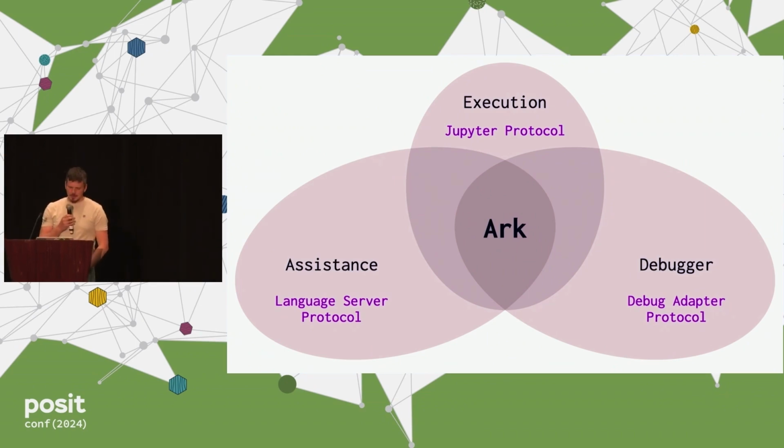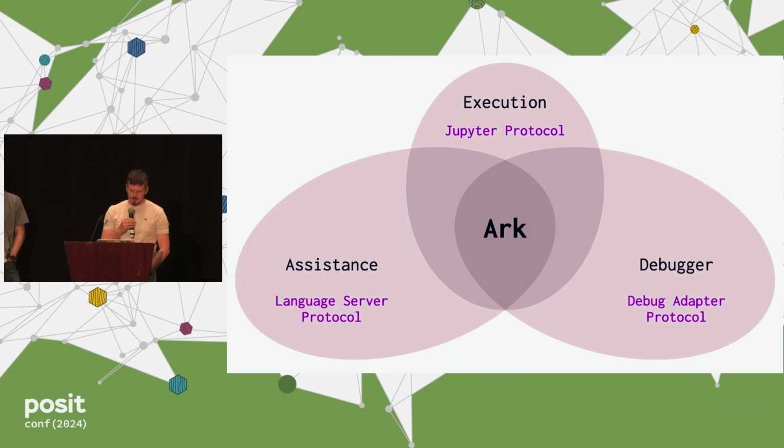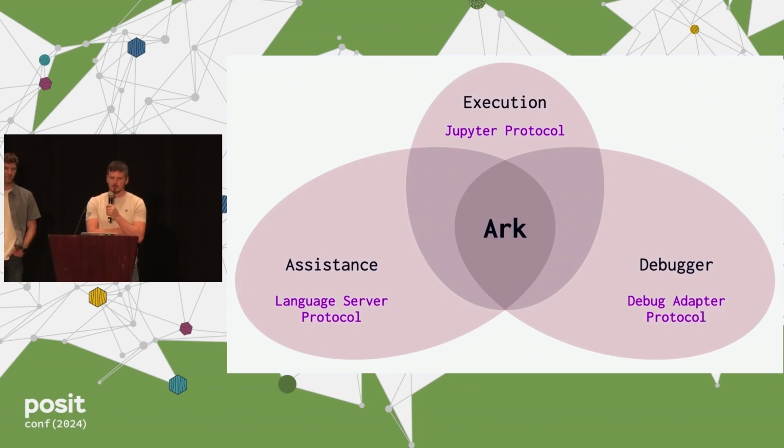So Ark knows a lot about R, and it does a lot to support the workflow of our users in Positron. And it does this with standard protocols and technologies. And we've seen three ways in which using standards like this allowed us to contribute to the community and reach a larger audience. So we've seen how Ark can be used not only in Positron, not only in Jupyter notebooks, but in any front-end that implements these protocols like Zed.